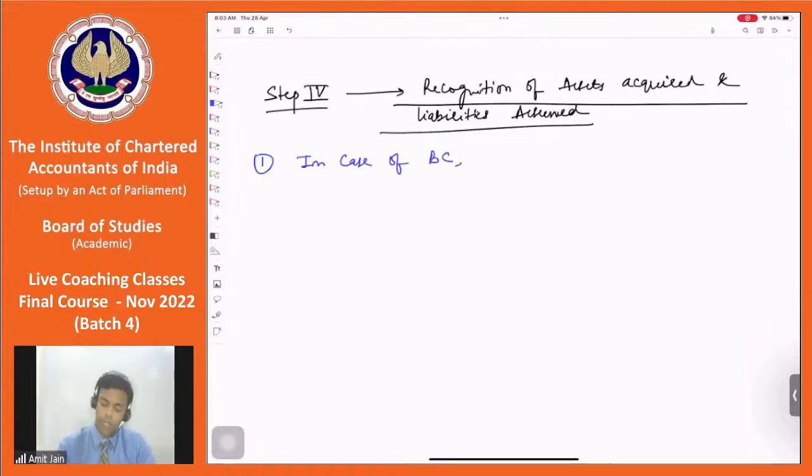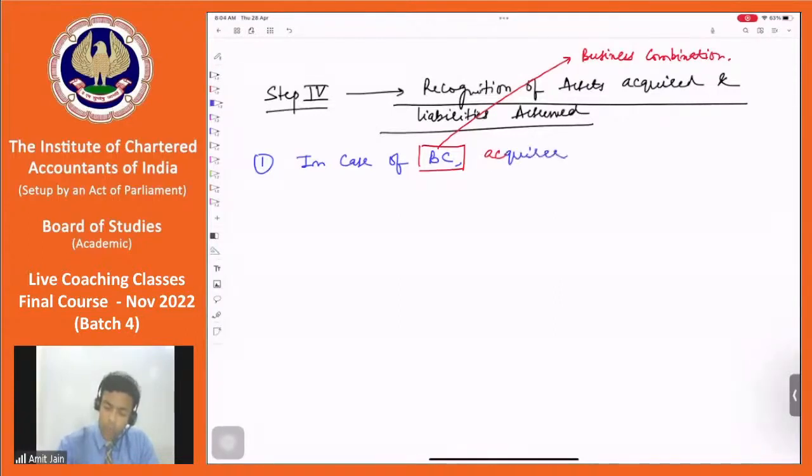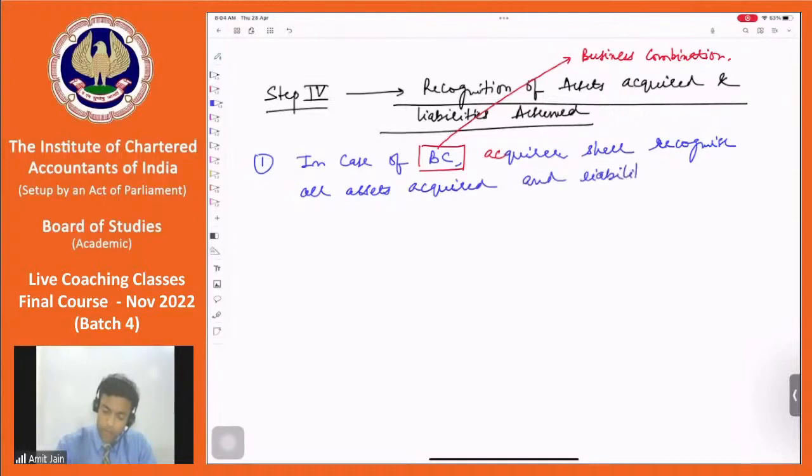In case of business combination, the acquirer shall recognize all assets acquired and liabilities assumed at fair value.